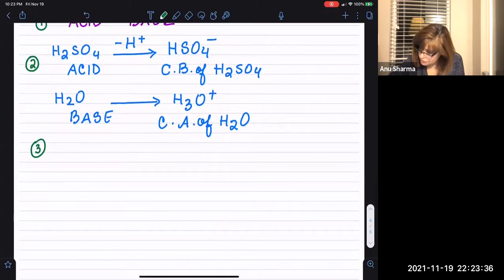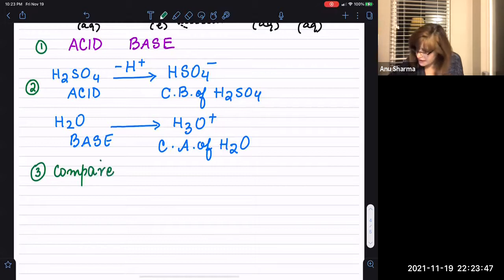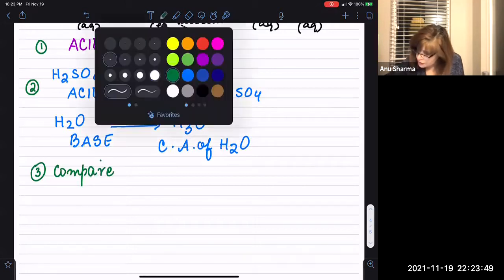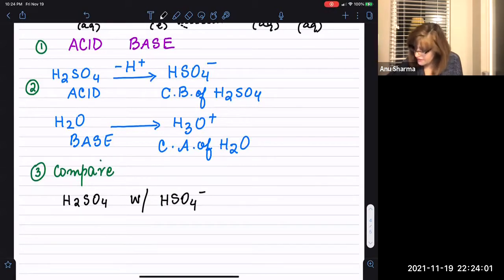Now we are going to do the comparison. Compare H2SO4 with HSO4, 1 negative.